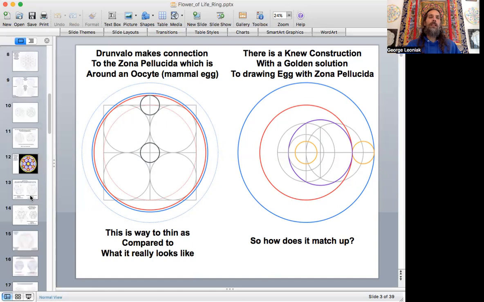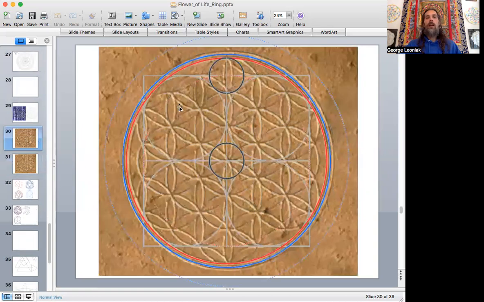I didn't think I'd get to this, but let me just show some of the overlays that I did on this way back, as I got that temple of Osiris picture and laid the outline of the rings on there. So there's a slight difference in the rings of the blue, and the larger ring of the etching is just a little bit bigger. But it seemed like he was trying to correlate the design to the flower of life, the outer ring measurement there.